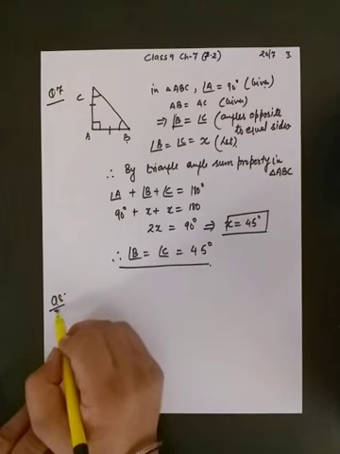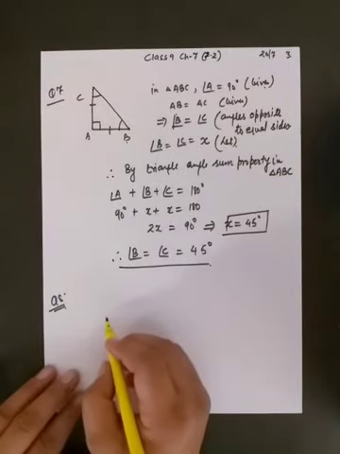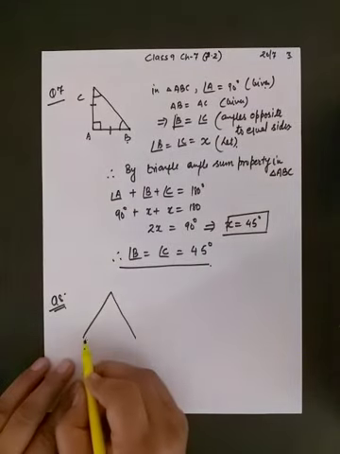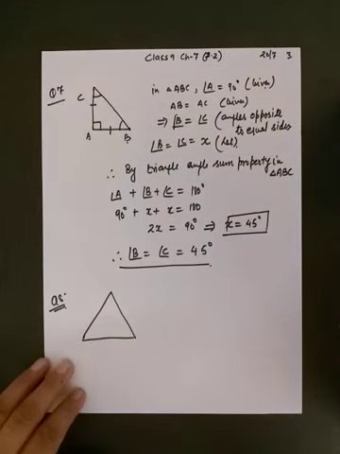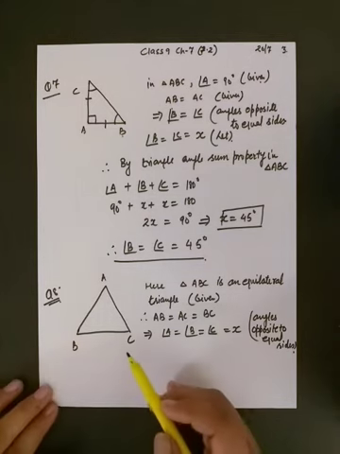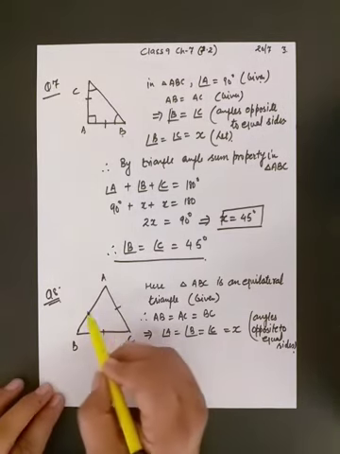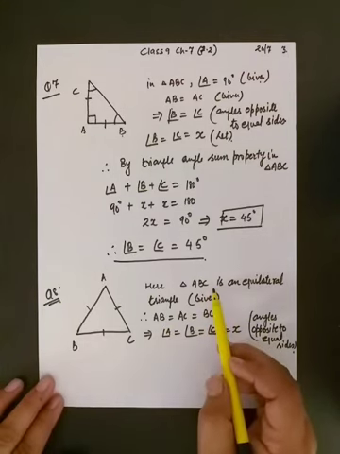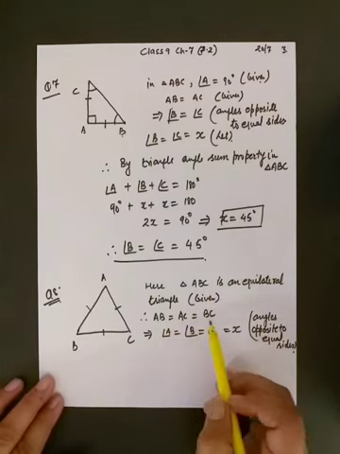Question number 8. Show that angles of an equilateral triangle are 60 degree each. You all know this property already, students, but we have to prove it. So draw the figure of an equilateral triangle, and it means it is equilateral, therefore sides are equal.